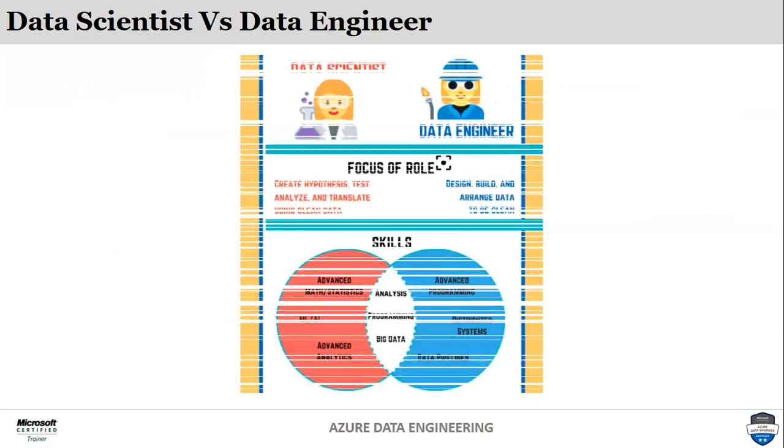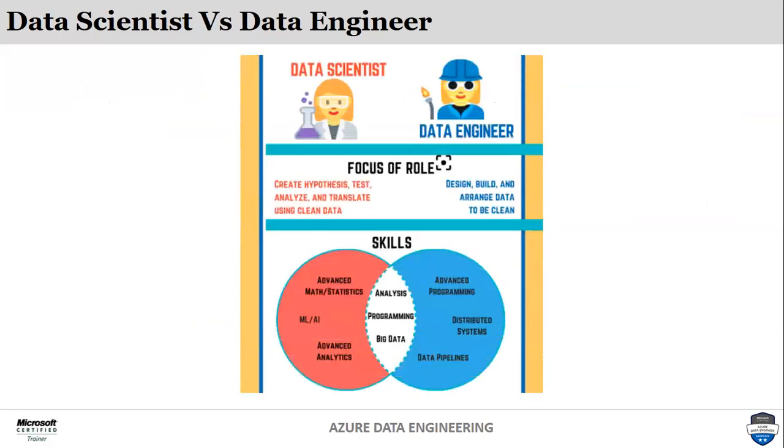So if we talk about data scientist and data engineer, scientists create the hypothesis, test, analyze and translate using the clean data. So you should have math and statistics skills, ML, AI, statistics skills, advanced analytics. These are all data scientist tasks. But if you see the last words, using clean data, that clean data is provided by the data engineer.